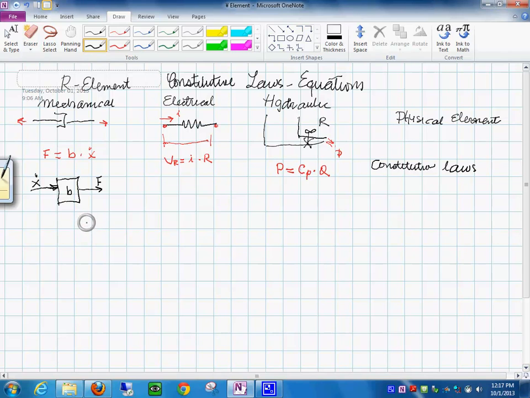Block diagrams represent equations. So in here you could also have as an input the current I, and then of course you have the resistor in here, and then from here you will have the output V sub R. For this one you'll do the same thing, but you see what happened is that the element is not changing. What is changing are the units, and this comes P like this. So this is the block diagram of the element.